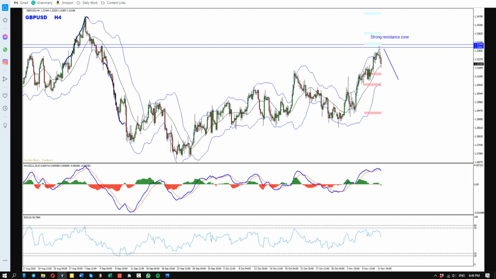The whole thing to understand is that at some point every trend ends, and at some point a new trend begins, and that starts with a reversal.